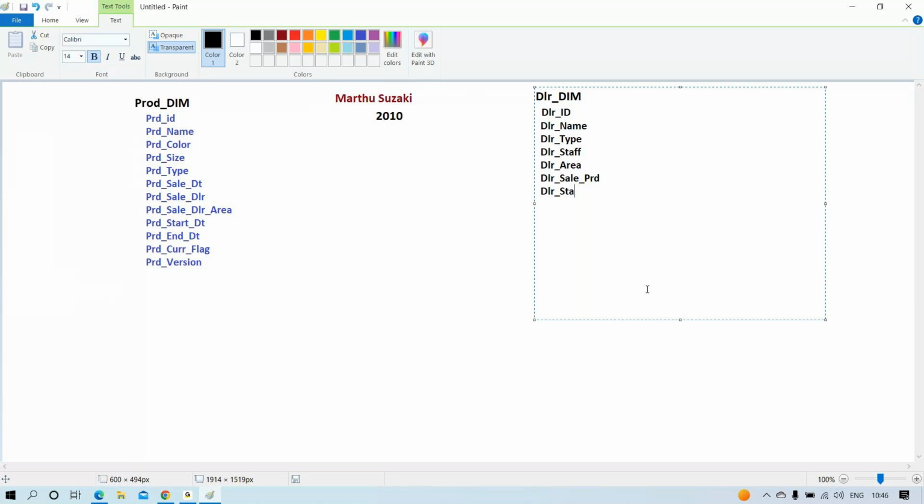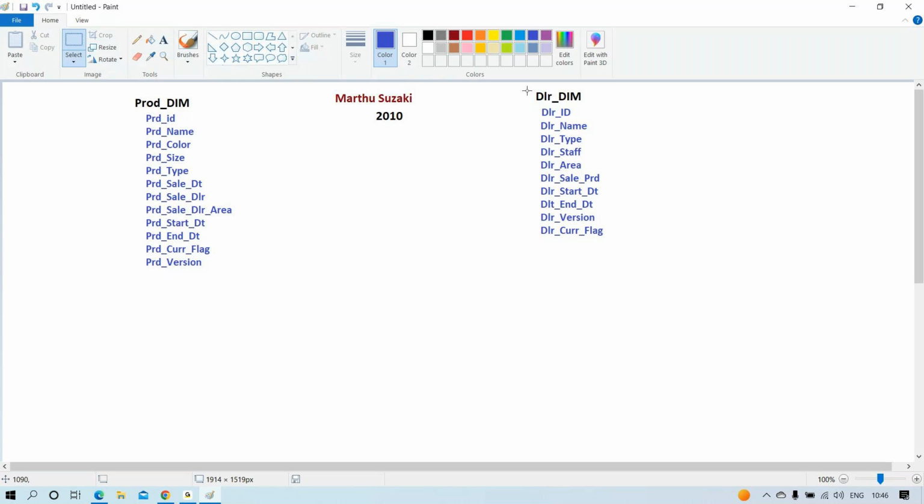Dealer start date means dealership started, and maybe there are some dealers who get terminated also, their information also will be there. Dealer version, dealer current flag. So this is all the information related to the dealers. So dealer dimension, product dimension.